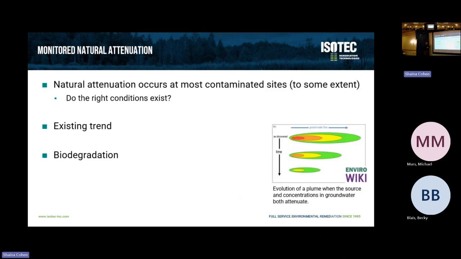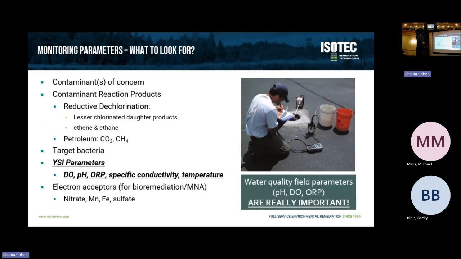If there is ongoing biodegradation, we can document that through microbial analysis, through byproducts, through the appropriate conditions. It is a way to have our concentrations continue to decrease. So if we're thinking about monitored natural attenuation, we at least want to evaluate it before we select that remedy or after even selecting that remedy.